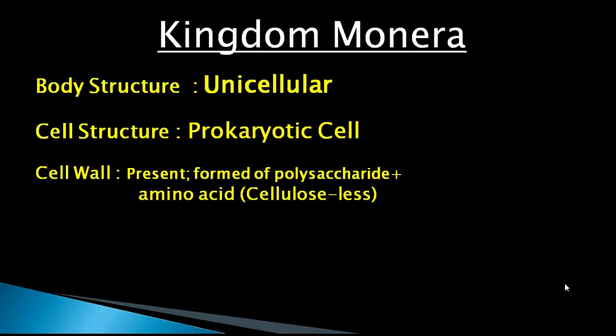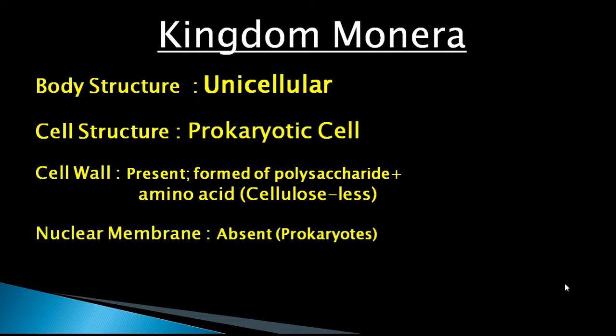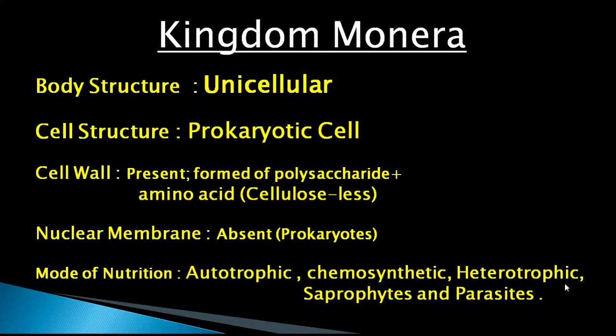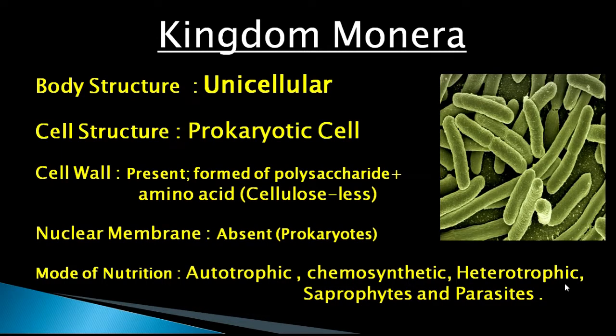For the Kingdom Monera, body structure is unicellular. Living organisms under the Kingdom Monera are unicellular. Cell structure is prokaryotic. Cell wall is present, but it is formed of polysaccharide and amino acid, without cellulose.